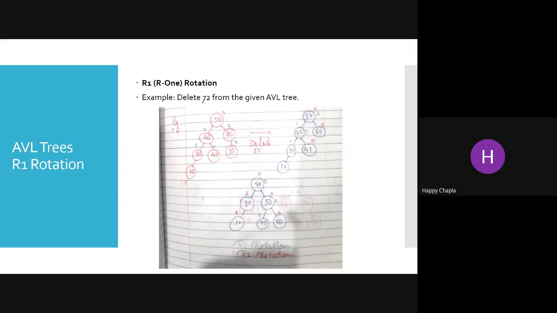Now delete this, not 72, but we are trying to delete the 55 from the, let me change that, otherwise you will confuse over there. We are trying to delete this 55, and let me share my screen one more time.